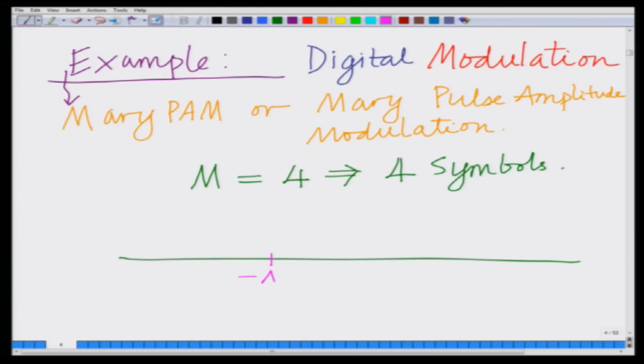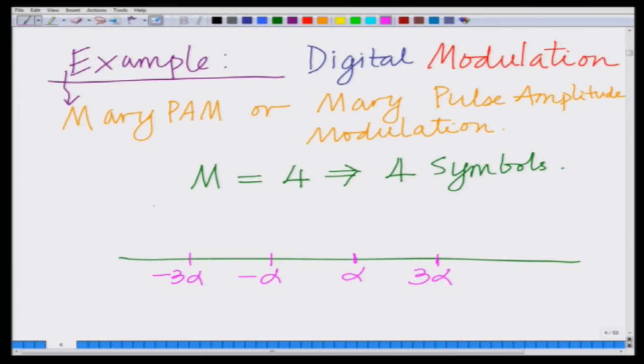So, I have minus 3 alpha, minus alpha, alpha, and 3 alpha. These are the 4 symbols, spaced at intervals of 2 alpha. This is pulse amplitude modulation, that is choosing from one of 4 possible amplitude levels to convey information, and these are chosen randomly, that is, there is uncertainty about the next amplitude level.